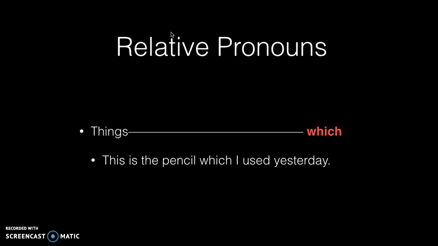So again, I cannot say this is the pencil who I used yesterday, but I can say this is the pencil that I used yesterday, or this is the pencil which I used yesterday. This is the fork which my brother used. Again, fork is the noun, and which is describing that noun. That noun is not a person, it's a thing, right? So this is the fork which my brother used.